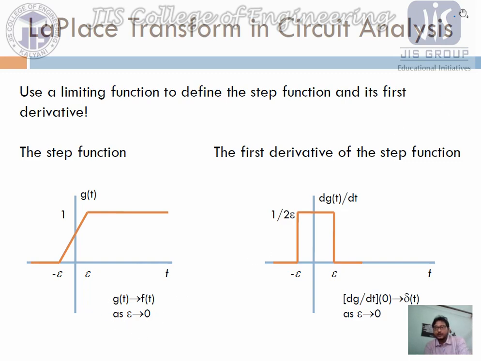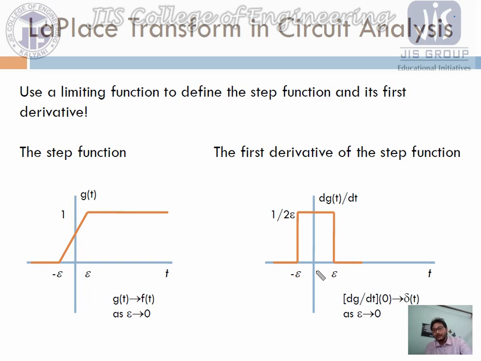Now imagine the same thing for a signal which starts at minus epsilon and reaches its final value, which is one by two epsilon, and again changes its value back to its lower value at plus epsilon.